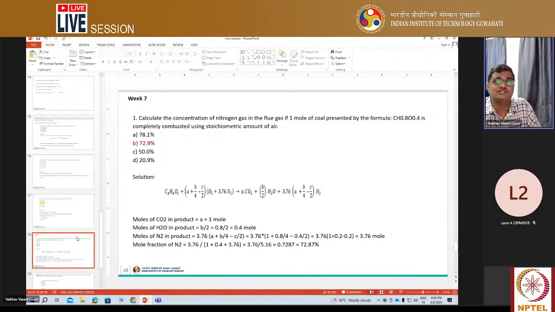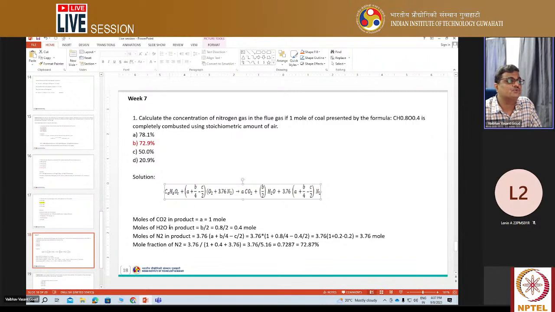So now once the coal is given as a feed material, we know coal contains some amount of the oxygen in its composition. So accordingly, we need to select a specific stoichiometric equation. And if you remember, we discussed this stoichiometric equation as well in one of the lectures. And once we know this equation here, the moles of CO2 produced in this particular product is here A equal to 1 mole.